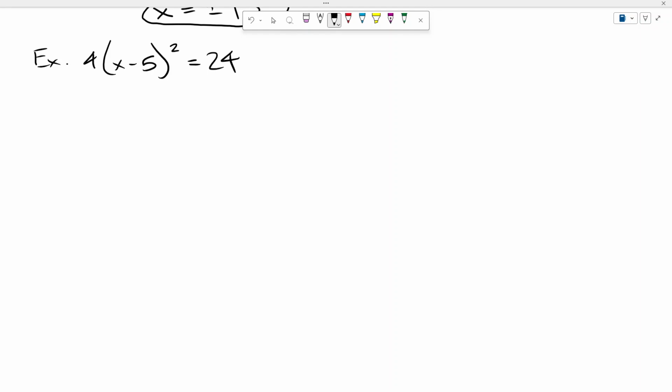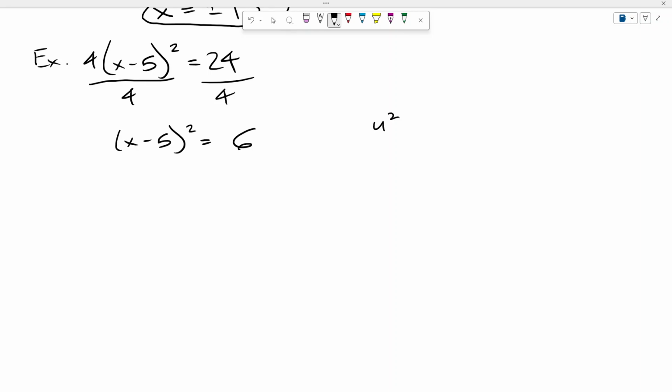Definitely, let's do that first. Don't try and do any square root of both sides yet. Get rid of that 4 on the outside first. Divide that out. So that gets us, we're left with x minus 5 squared equal to 6. And now we can take the square root of both sides because we're good to apply the square root property.